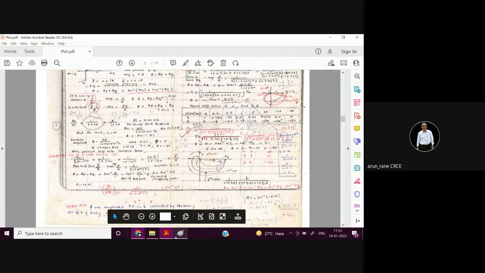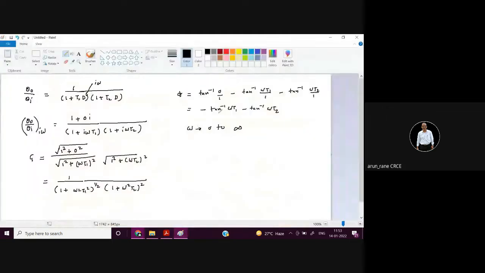One example I will give you. Now suppose omega is equal to 0, so what will be the value of phi? This will be 0 minus tan inverse of 0 minus tan inverse of 0, so phi is equal to 0, right?